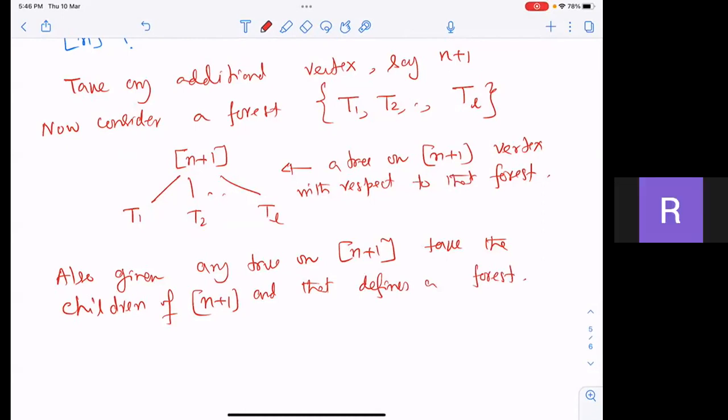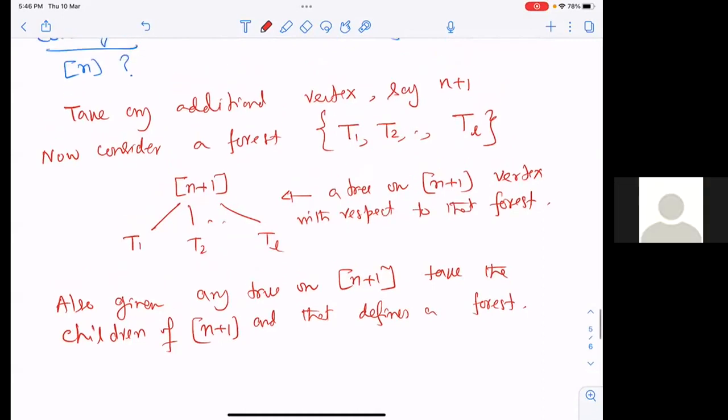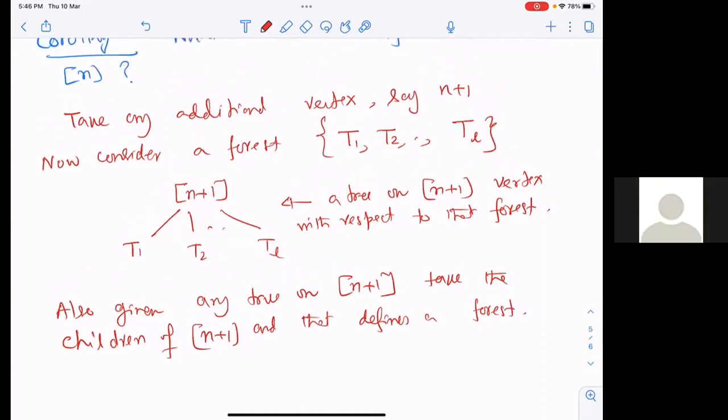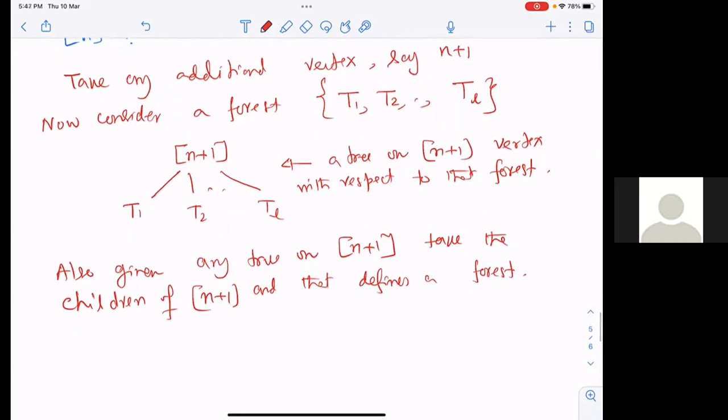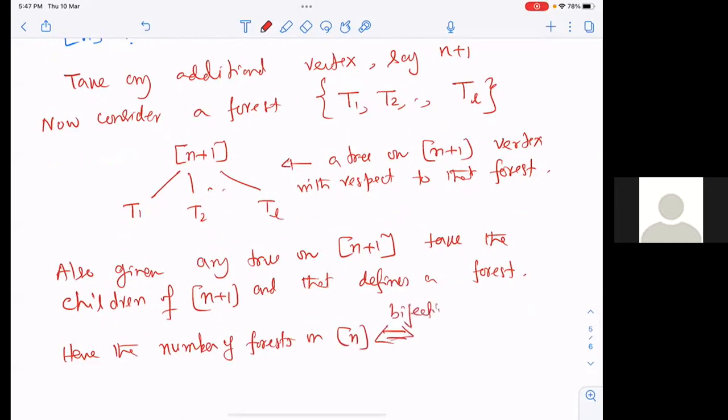What is the definition of a forest? A forest is a collection of disjoint trees. Hence, the number of forests on n vertices is in bijection with the number of trees on n plus 1 vertices.